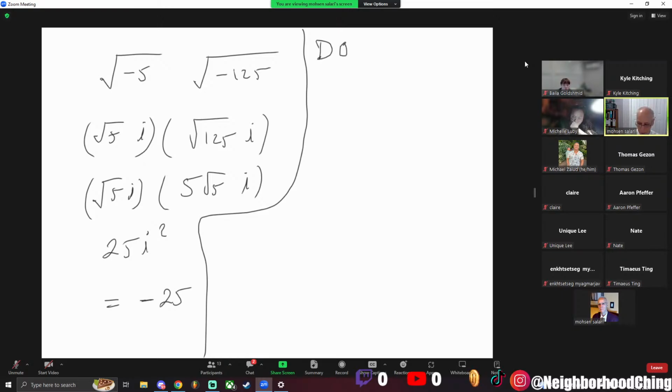And here is what you should not do. Do not do this. In middle school, you remember that you can multiply square roots together.